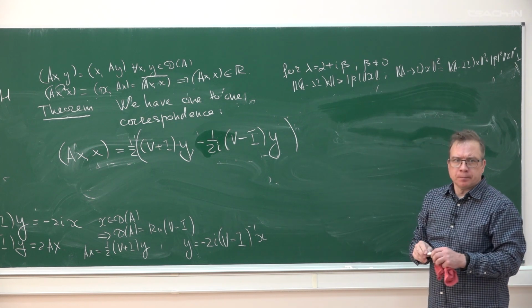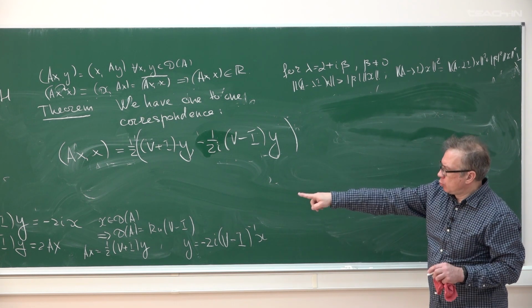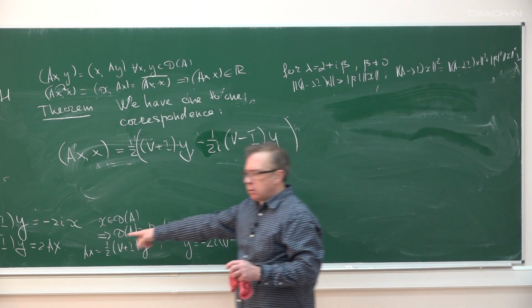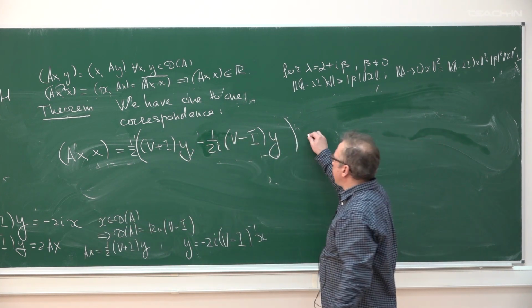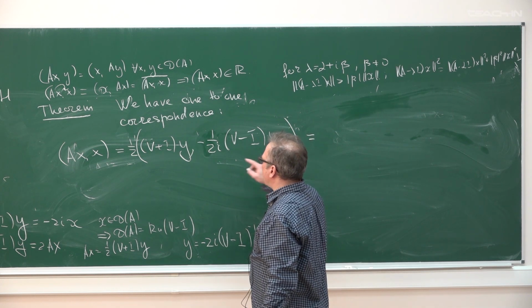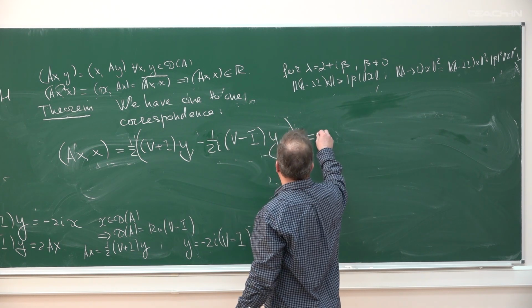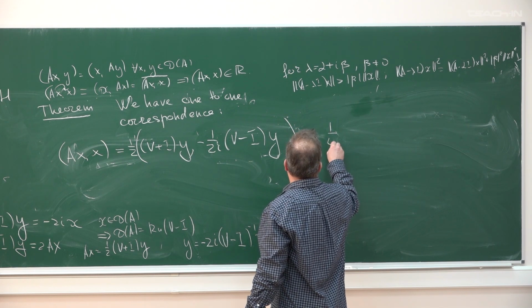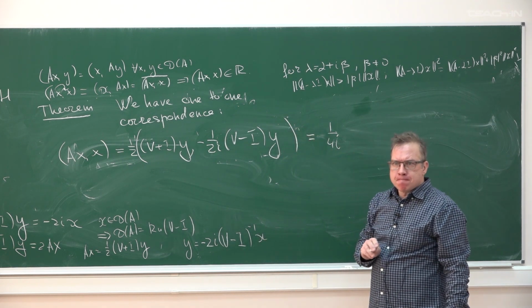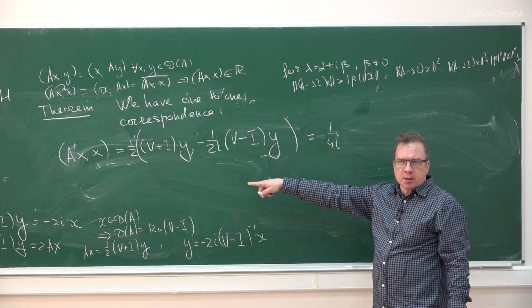Okay? I just take our formulas and write all these elements. So here we have 1 over 4i, yes? I take it away from the second argument.